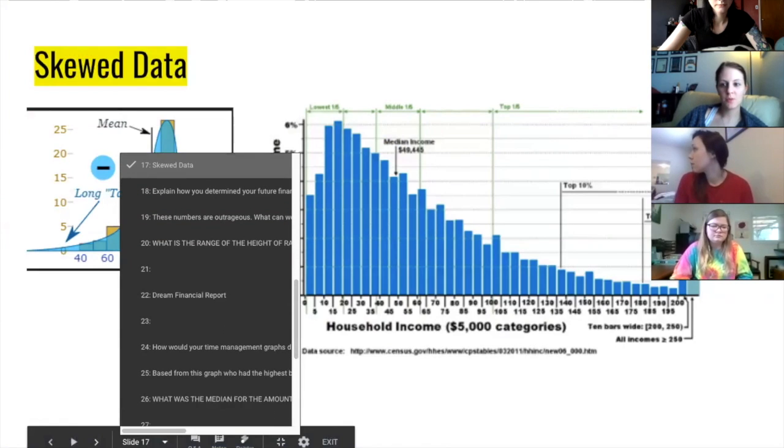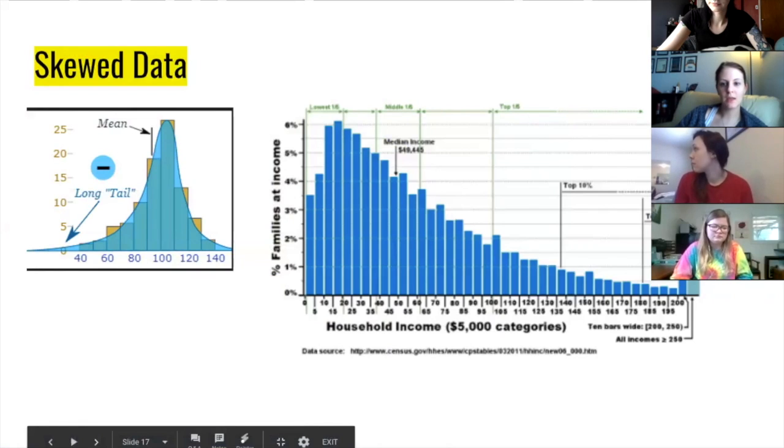If a distribution becomes positively skewed, then the mean is greater than the median. In the household income example from the week 2 homework, there was a sudden jump in the percentage of families at a higher than $200,000 income, which threw off the entire curve of the chart and made it skew to the left.